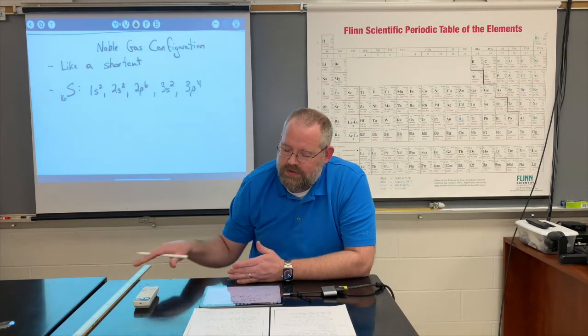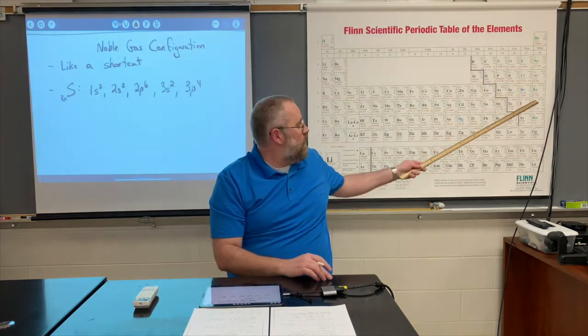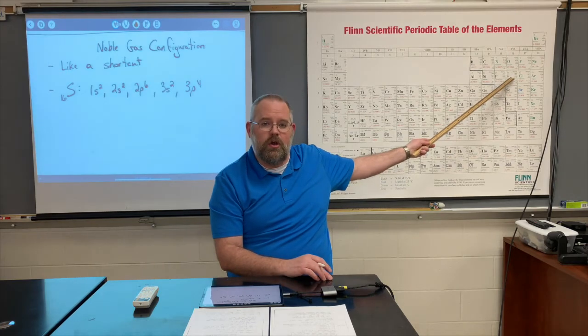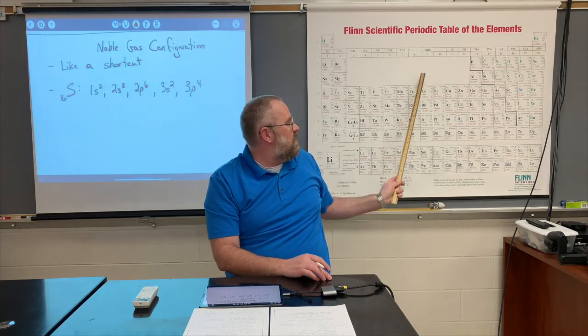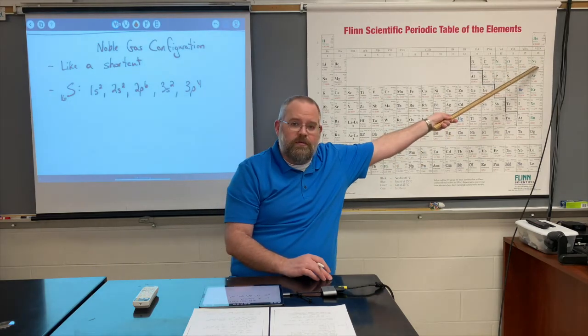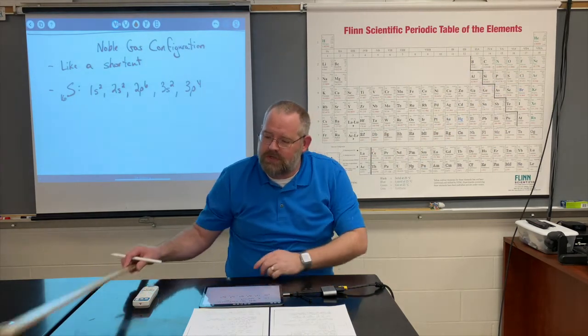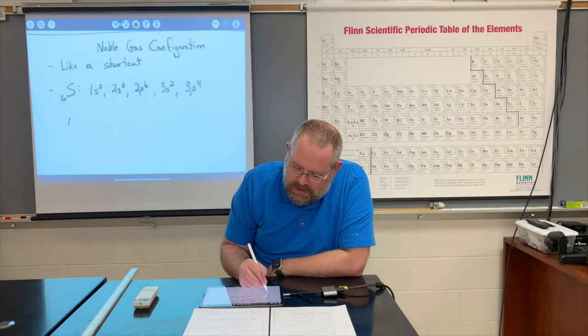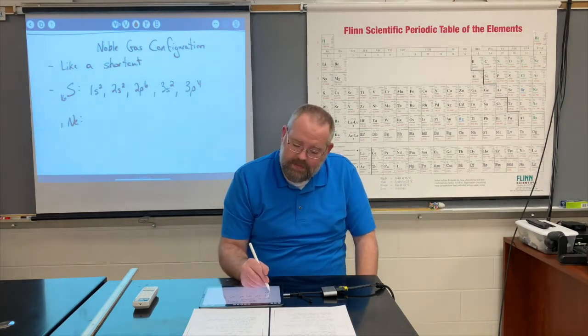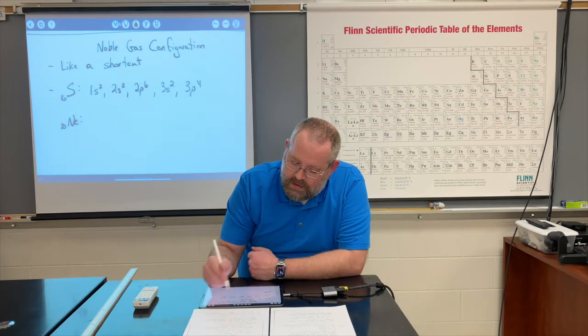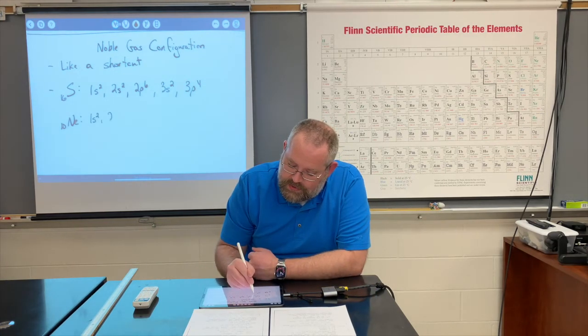So the first thing we do is we go to sulfur and we figure out which noble gas precedes the element. So in this case, neon precedes sulfur. So let's look at neon's electron configuration. Neon is a 10, so it is 1s2, 2s2, 2p6.